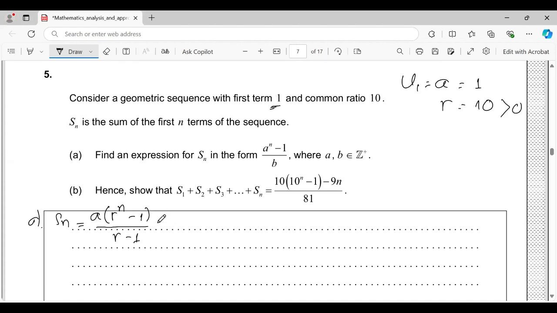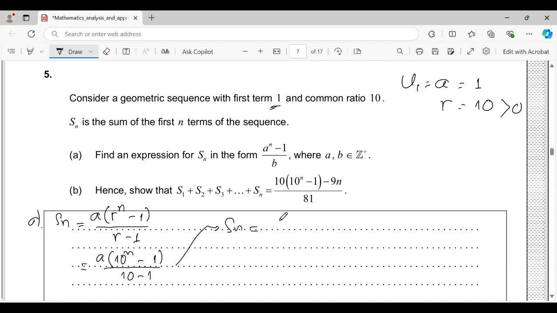So it is a multiplied by r equals 10, so 10 to the power n minus 1 over 10 minus 1.